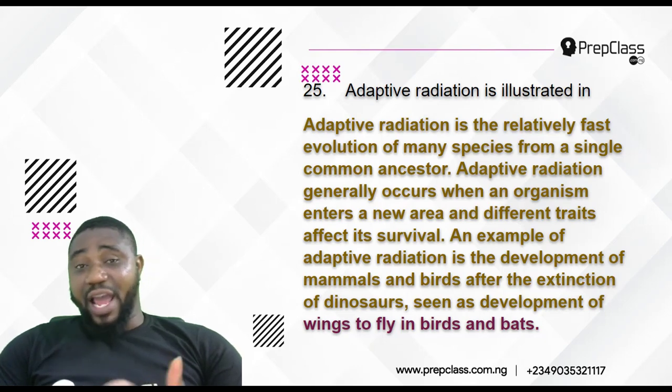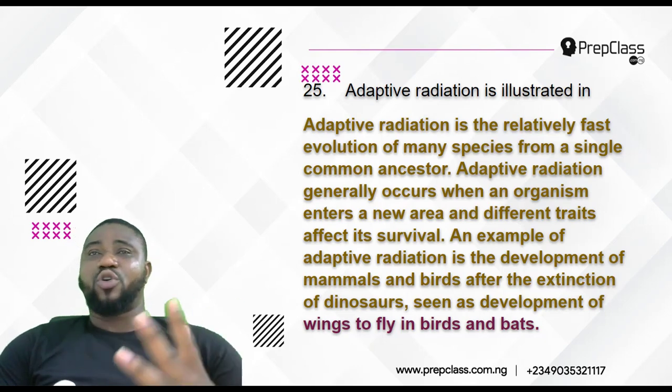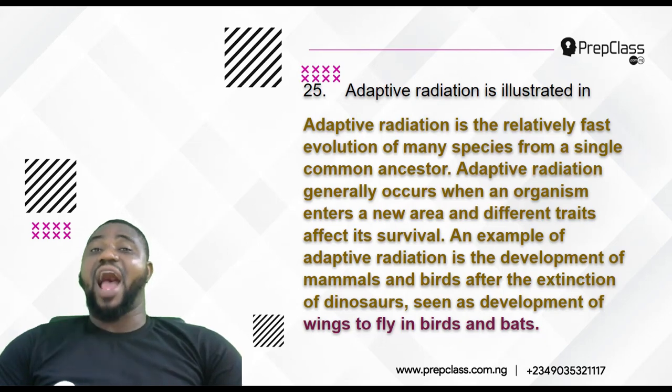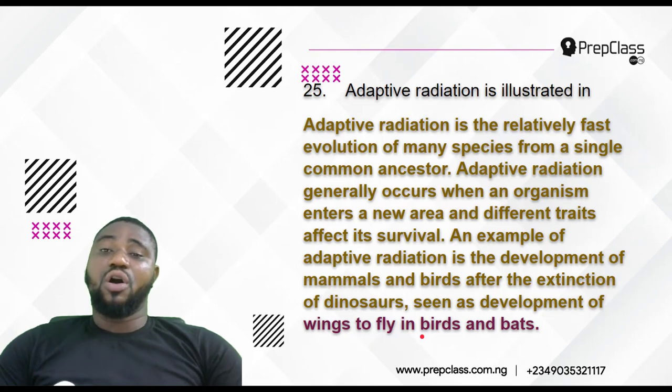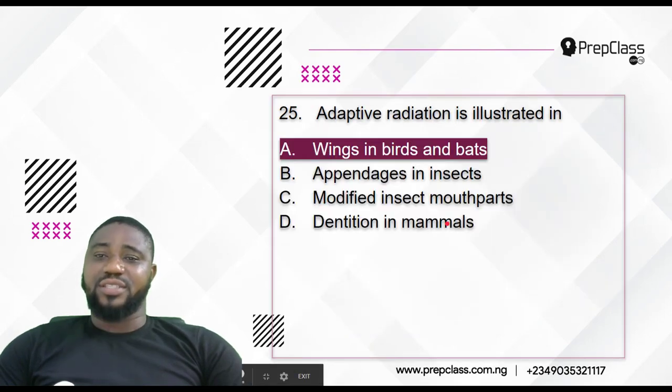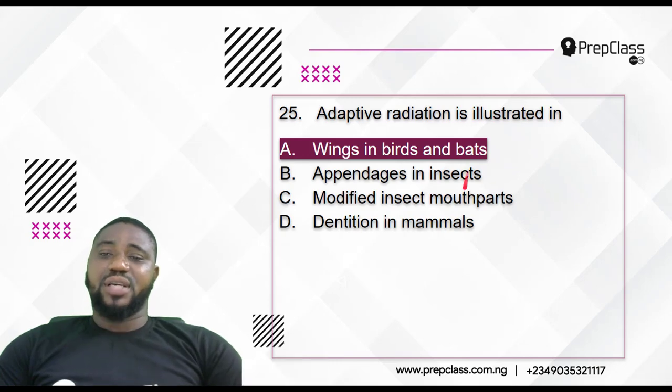And when they carry on in that environment, they can become very strong to withstand the harsh conditions of that environment and transmit these traits to their offspring. A very good example of that is the development of wings by birds to fly and also by bats to fly during the extinction of the dinosaurs. So the answer is wings in birds and bats.